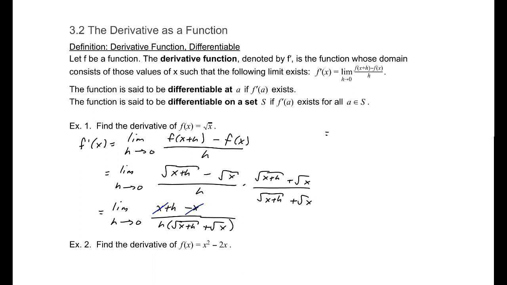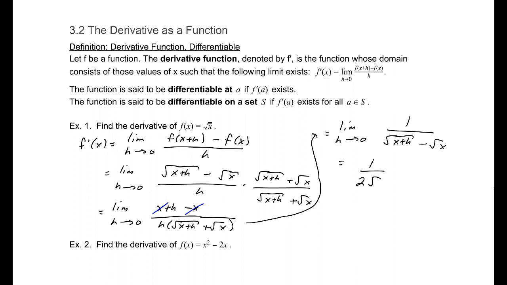So let's bring that up here. So this is the limit as h approaches 0 of 1 over square root of x plus h plus the square root of x. All right, now as h approaches 0, this is the function 1 over 2 square root of x. Therefore, f prime of x equals 1 over 2 square root of x.